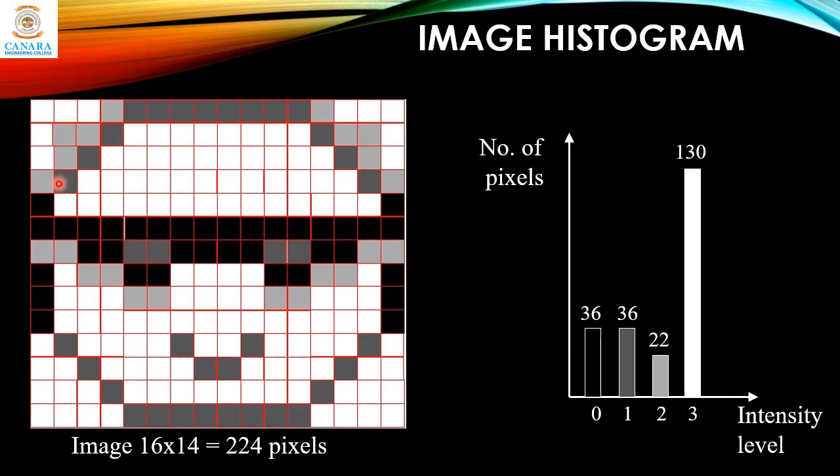If you have a bigger image with the same number of gray shades, then the number of pixels on the y-axis will increase. And for a normal grayscale image with 256 levels, you will have 0 to 255 on the x-axis. That will be fixed, but the number of pixels on the y-axis will vary depending on the size of the image.